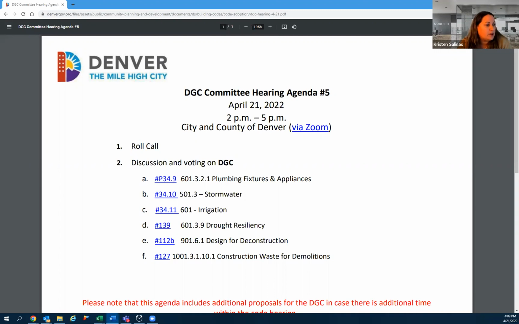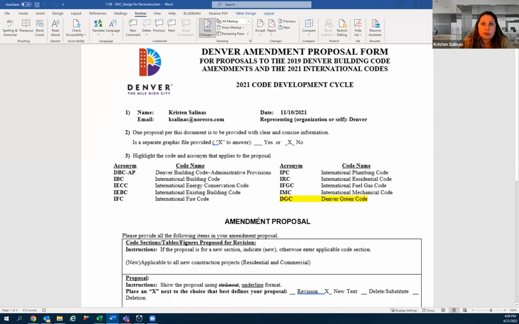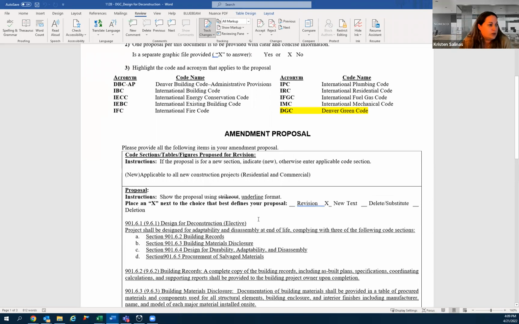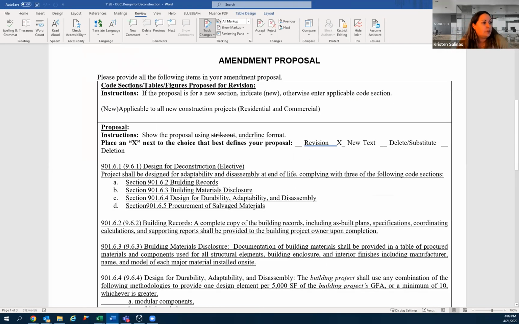This really paves the way to support that future aspect of deconstruction, 50 to 100 years down the road. It also supports the salvage market to close the loop on that closed loop industry. Some of these requirements are already technically required, but may not be checked past certificate of occupancy.